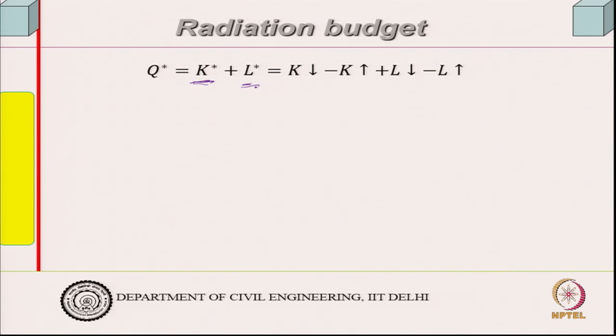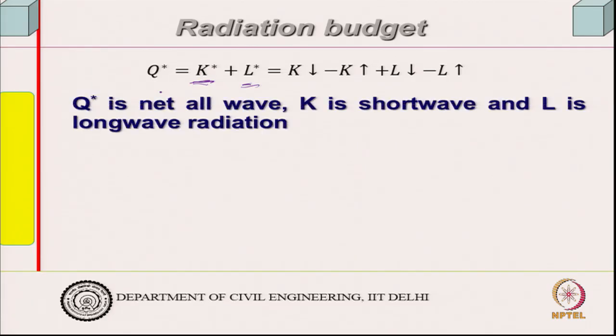So, the star denotes the net radiation received. Q star is the net radiation received by the earth. K stands for short wave, L stands for long wave. So, Q is net all wave, K stands for short wave, L is long wave radiation.